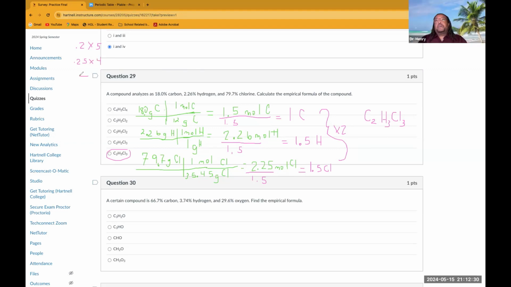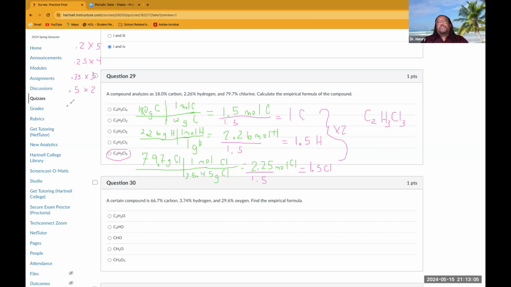If it ends in 0.33, you're gonna multiply it by 3. If it ends in 0.5, that's 2.